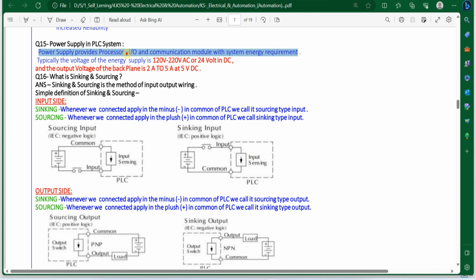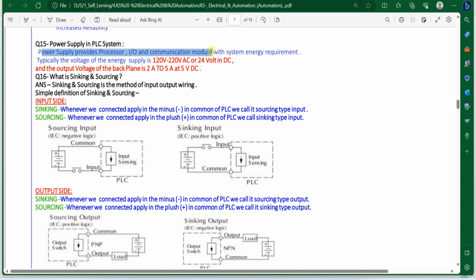when we connect the power supply in the PLC, the power supply provides supply from the processor to the communication input and output modules, meaning the input module and the output module.